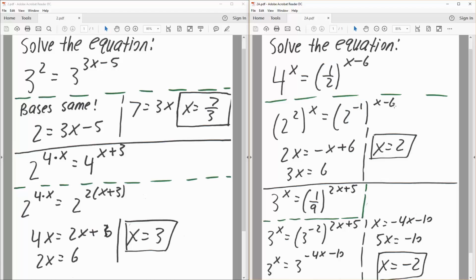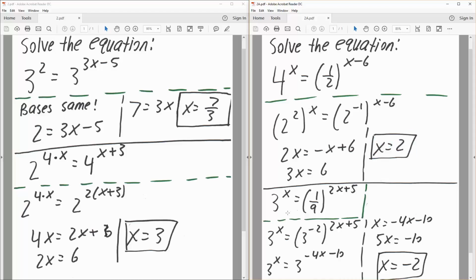And now, since we have a common base, the base is 2, we could say that 2x is equal to minus 1 times, parentheses, x minus 6. So minus 1 times x is negative x, minus 1 times negative 6 is plus 6. So we add x here, 3x is equal to 6, therefore x is equal to 2.